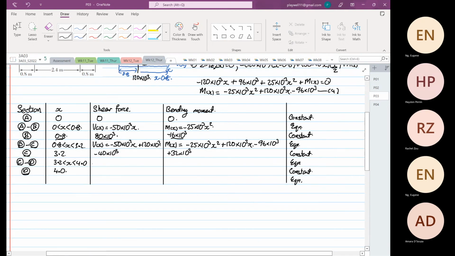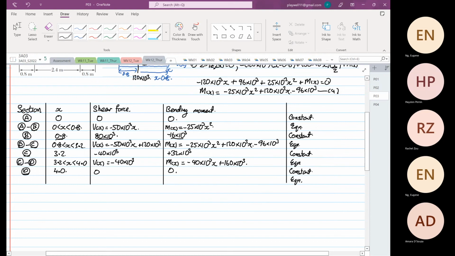And then from C to D, V as a function of x is equal to minus 40. M as a function of x now is equal to minus 40 times 10 to the power 3 x plus 160 times 10 to the power 3. And then we go back to 0, 0.